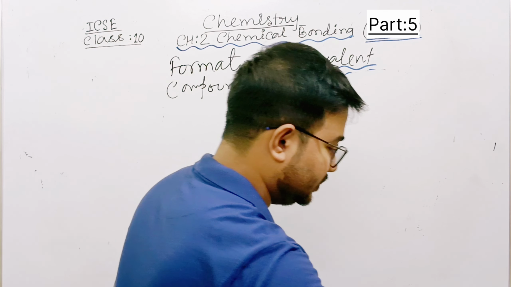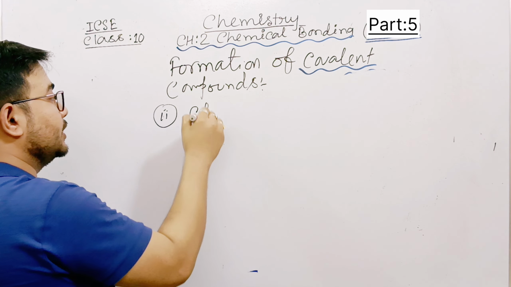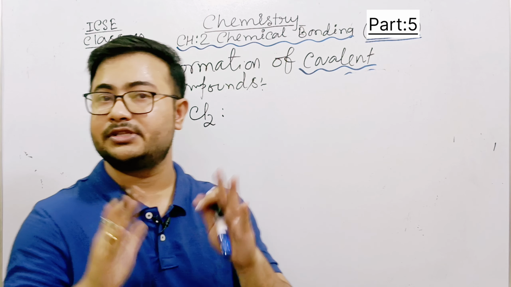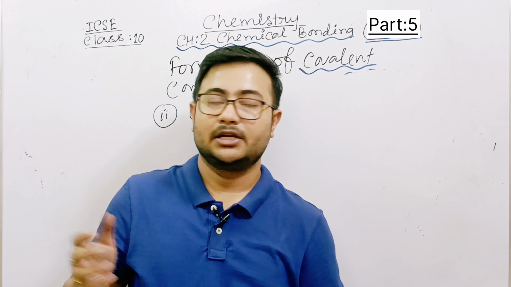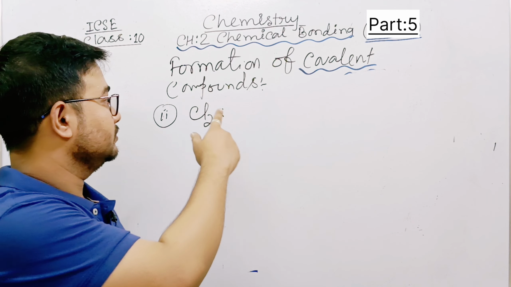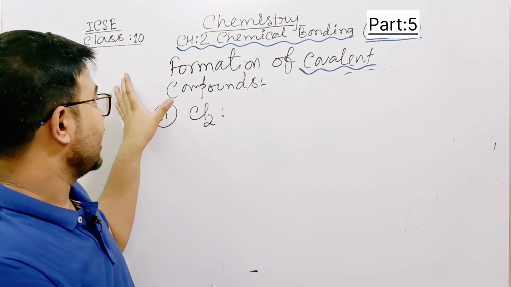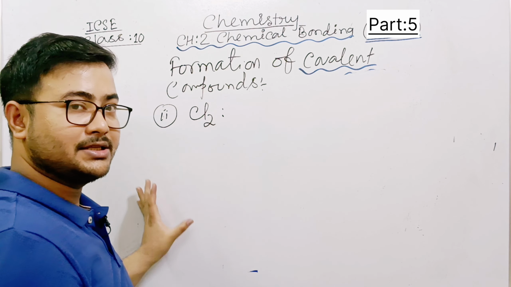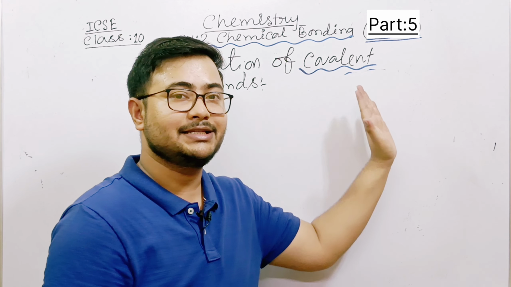Now, if I consider the second compound, suppose chlorine. First practice hydrogen and chlorine, okay? Because hydrogen also accepts an electron, so it behaves like a non-metal. So I choose hydrogen from the left-hand side of the periodic table, and chlorine from the extreme end, that is group 17.